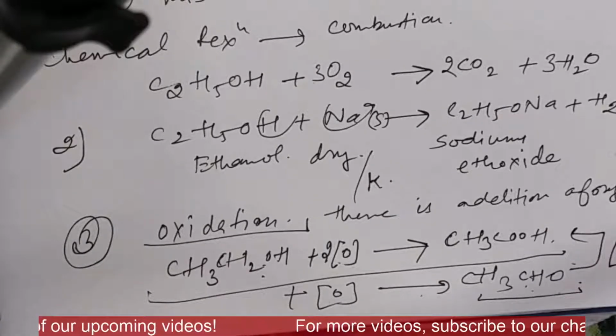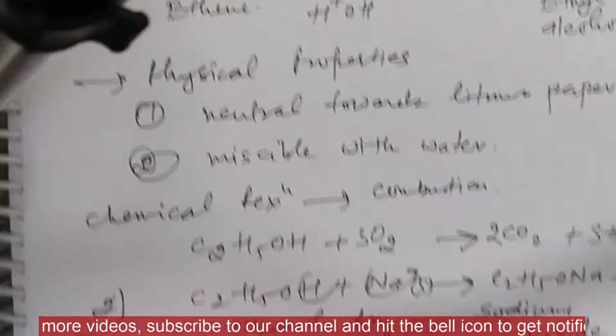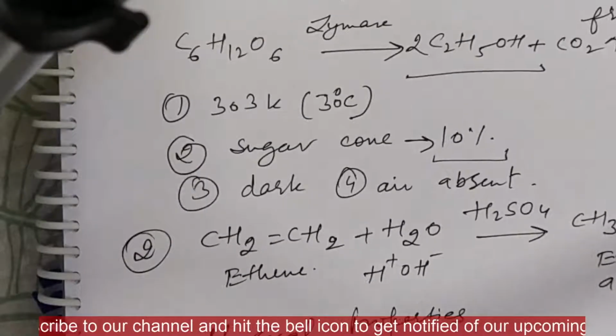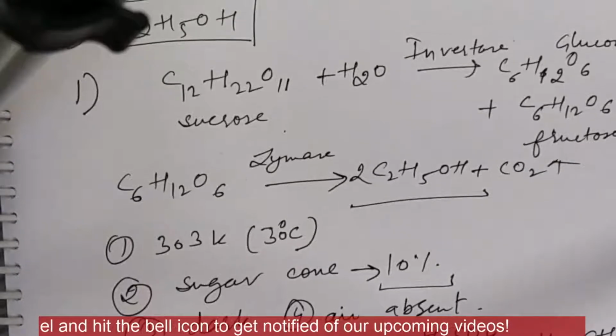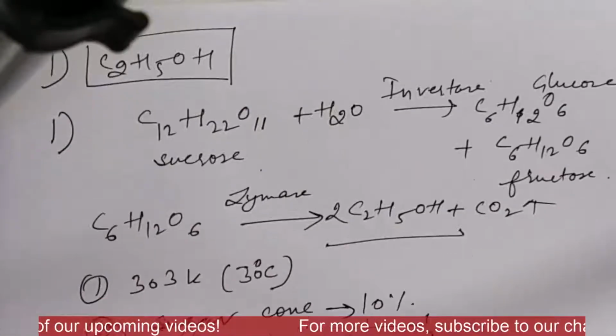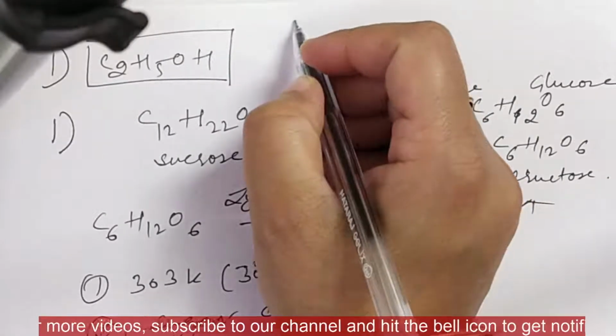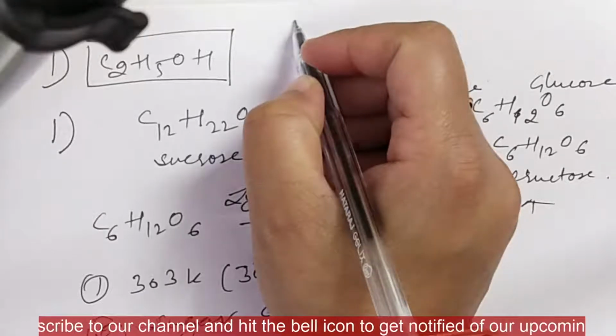The next reaction, very important for ethanol, is called the dehydration reaction, students. What happens in a dehydration reaction? Basically, dehydration is the removal of a water molecule.